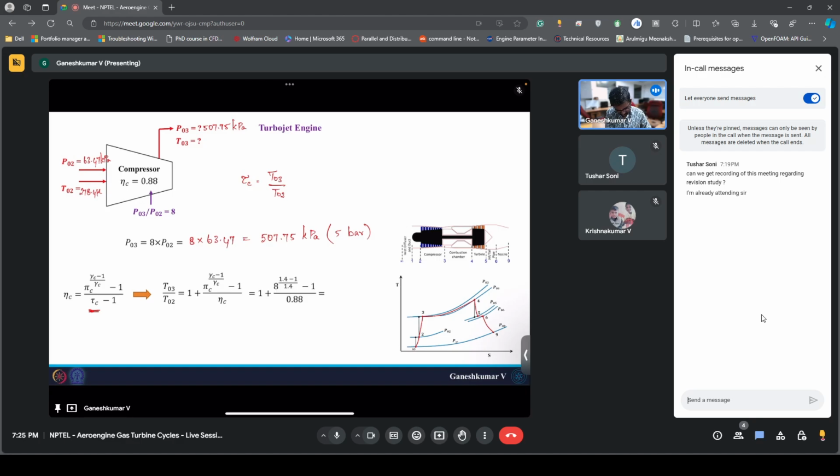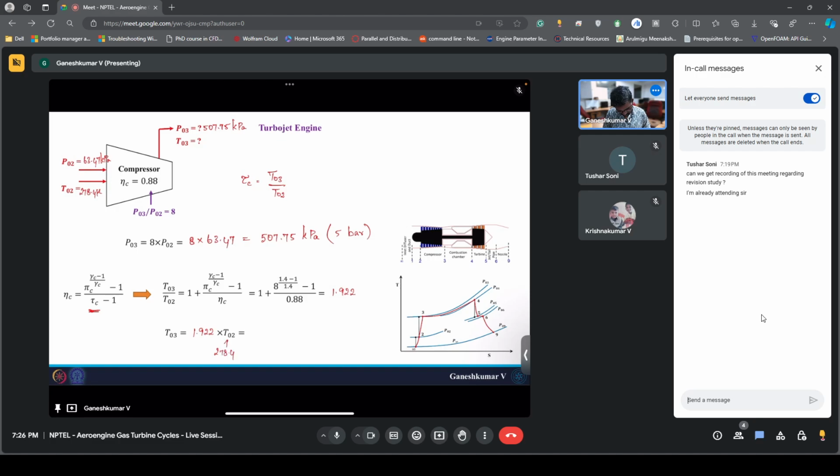If you substitute all these relations over here, how much would this be? 8 power 0.4 by 1.4, which might come to something like 1.922. Please check if I made any mistakes.